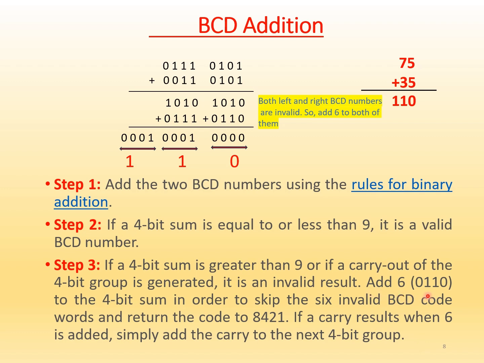Add 6, which is 0110, to the 4-bit sum in order to skip the 6 invalid BCD code words and return the code to 8421. If a carry results when 6 is added, simply add the carry to the next 4-bit group. So here a carry was also generated. So this is one BCD code, and this is the BCD code.